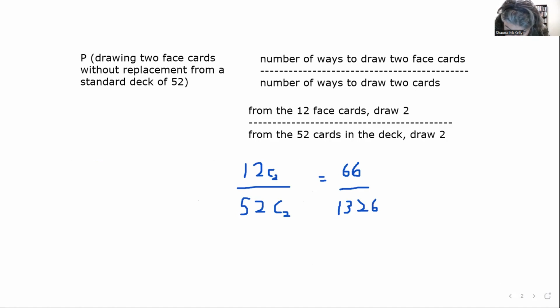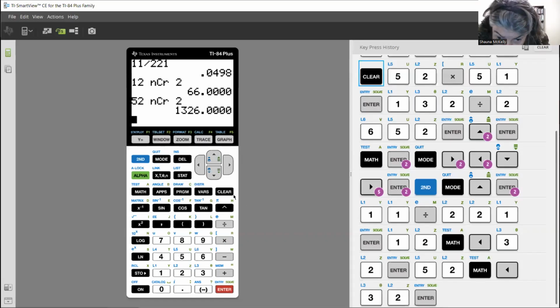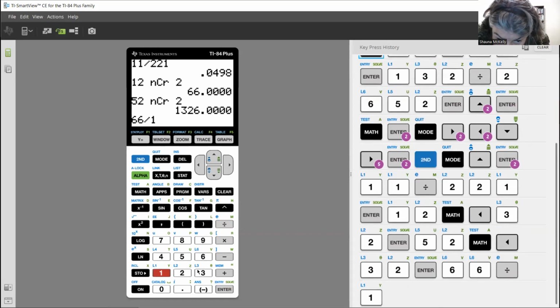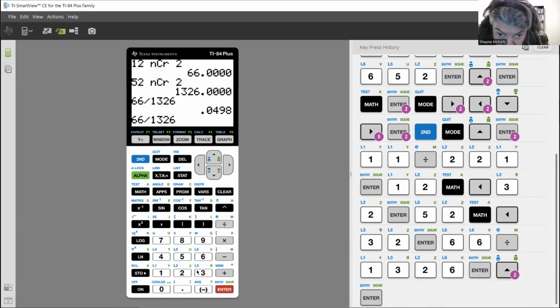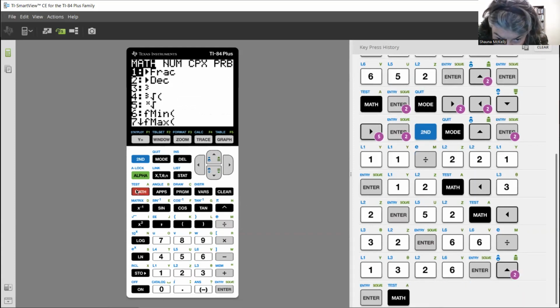We can say 66 out of 1326. And we get the same decimal. Now, what do we get for the fraction? Come up here and go math, convert to frac.